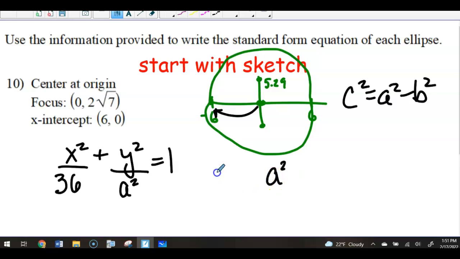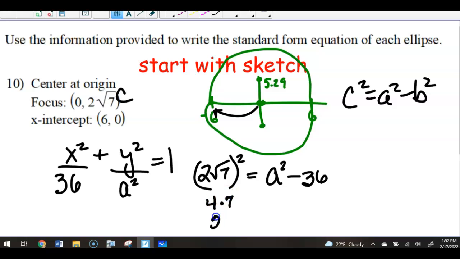So we would have 2 square roots of 7, that's our c value, squared equals a squared minus 36. So let's see how this all works out. 2 squared is 4, square root of 7 squared is just 7, so that becomes 28 equals a squared minus 36.